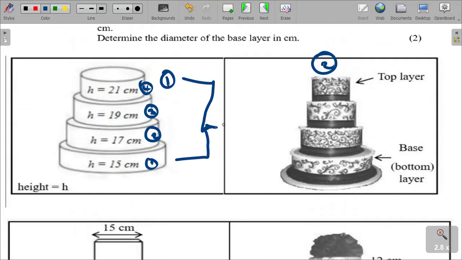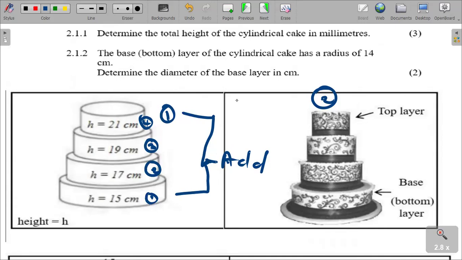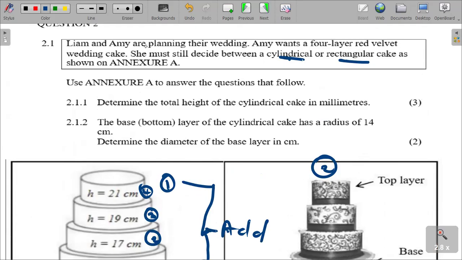We add the measurements in centimeters, and then we convert them to millimeters after getting the sum, because the question says determine the total height of the cylindrical cake in millimeters.